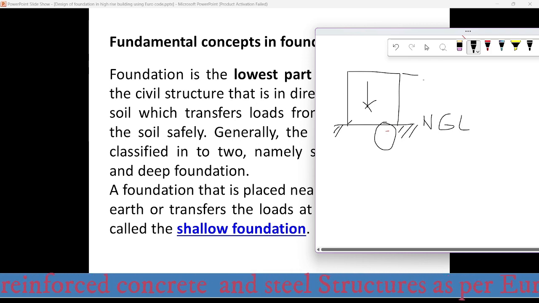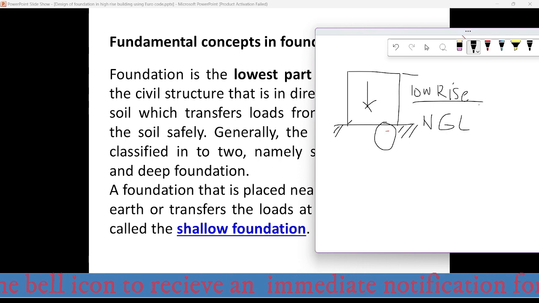So here, suppose this building is a low-rise building. If it is a low-rise building, it will have a small structural load.